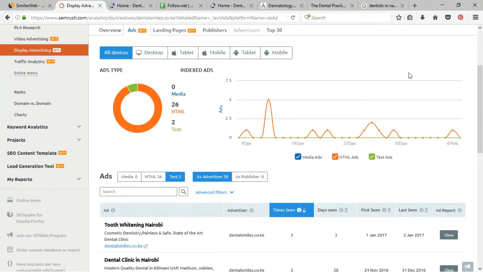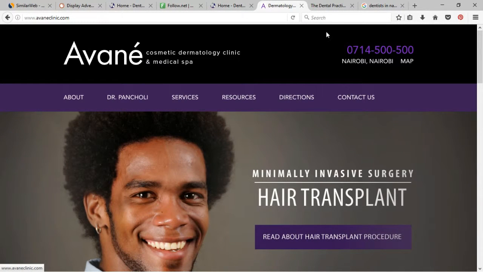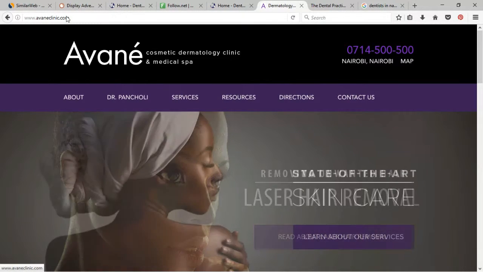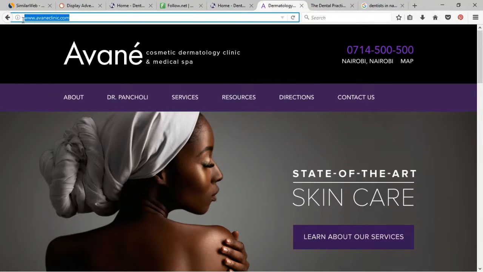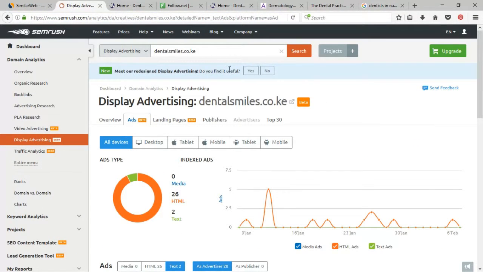So let's start with this one. This one is a banner. I know it's not dentistry, it's cosmetic dermatology, but in the Kenyan space, according to the research that we've done here at Medical Marketing Shop, these are one of the only ones doing quite a good job at it. So I'll get the URL and put it into my software here.